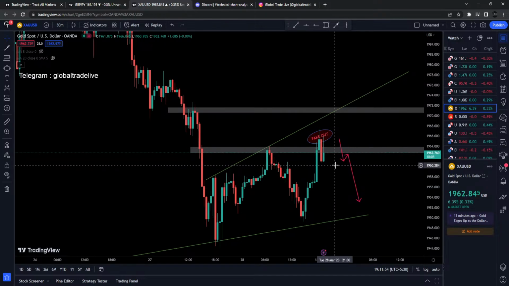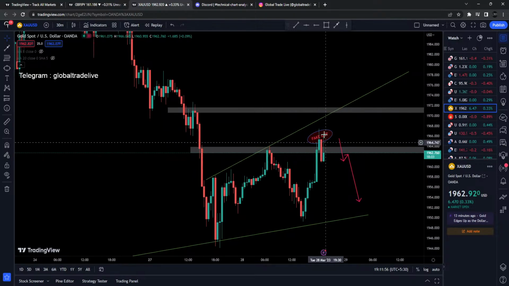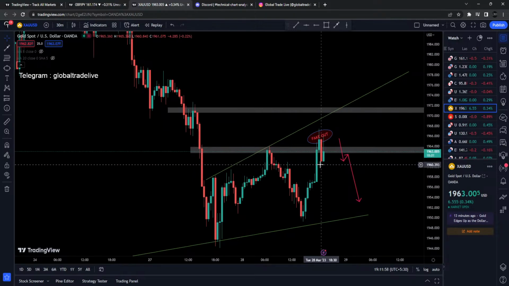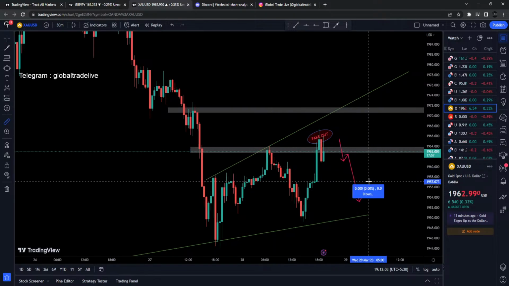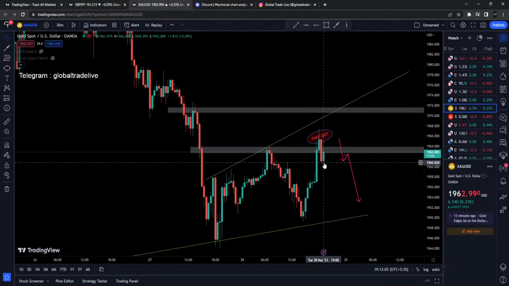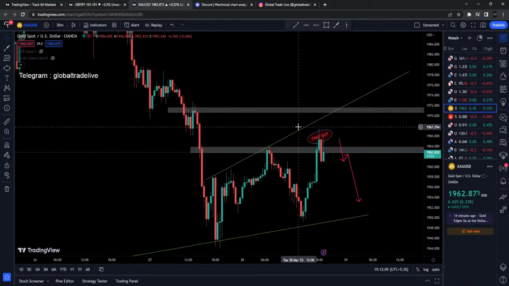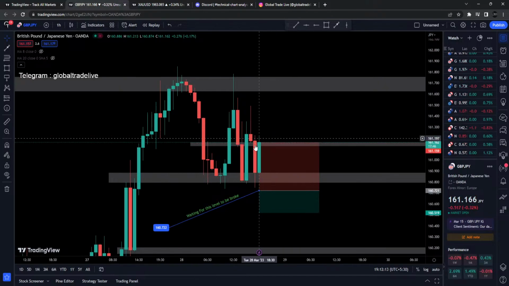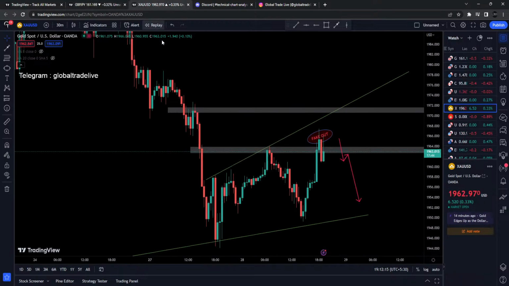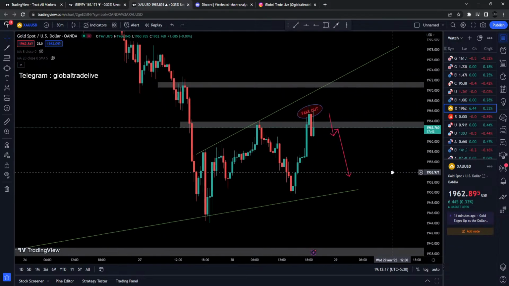If we talk about gold, because fake out happened, resistance has been formed, we have this clean candle to go, and if we look at the range, then the range is also 40 pips, which is not a bad range. You can really aim for 10-15 pips in that range. So yeah, I think it can push the price down.